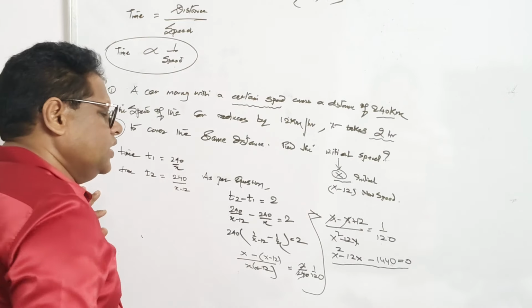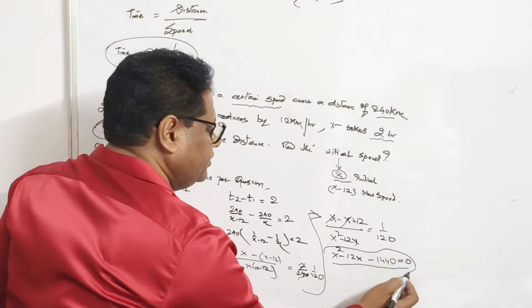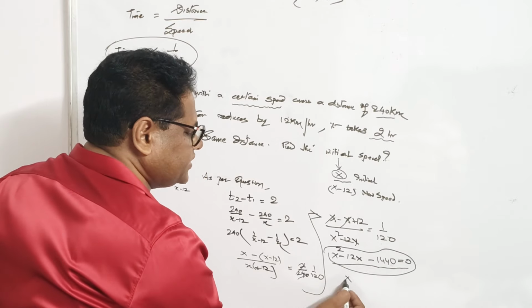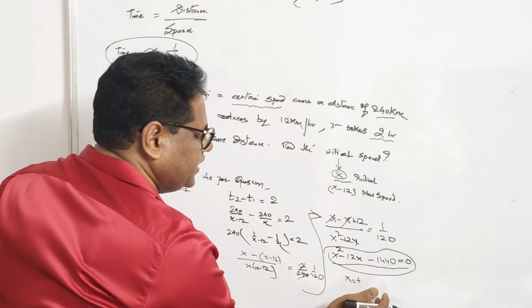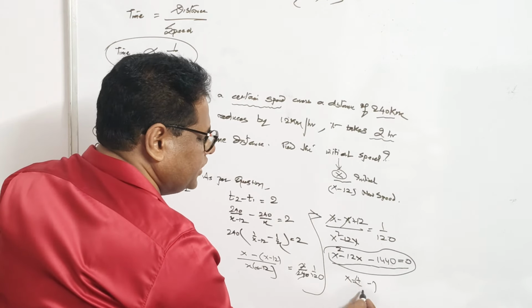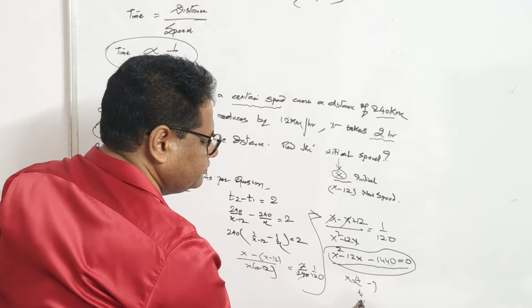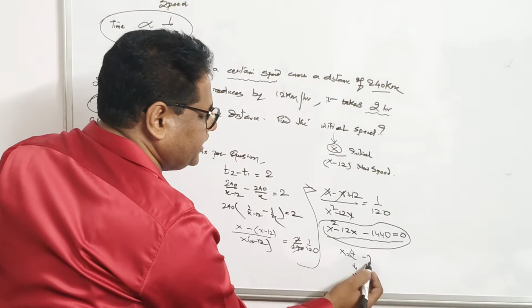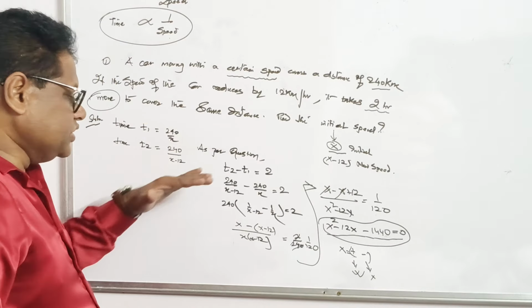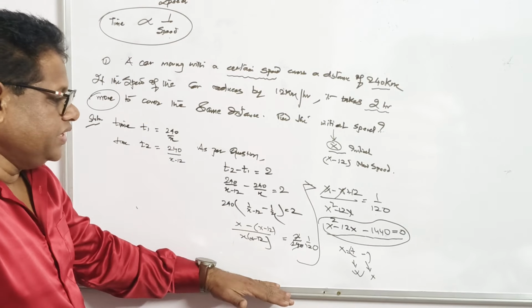Now after this, you can solve this question. Suppose you get the speed x, one positive and one negative. Then select the positive one, and the negative one is inadmissible because speed can't be negative. So this is how you are going to solve the questions. Clear?